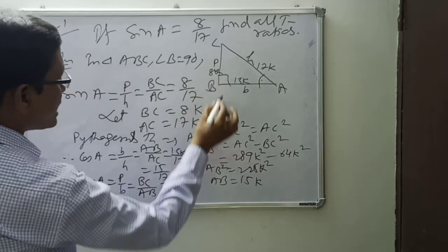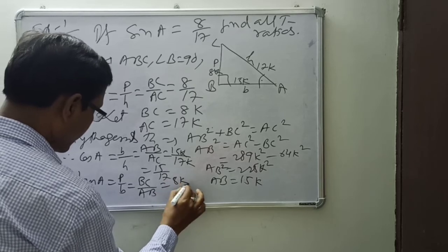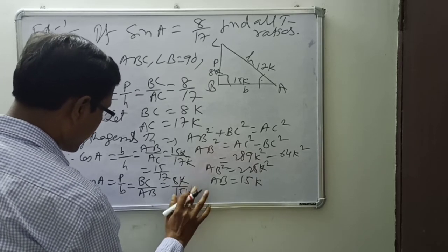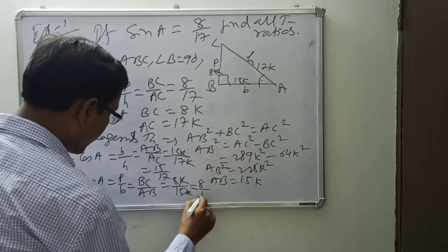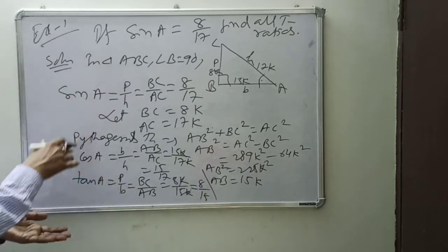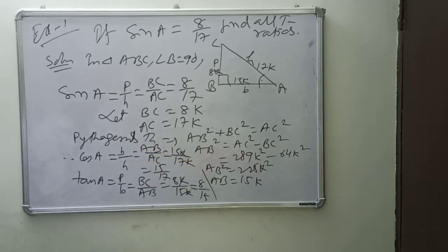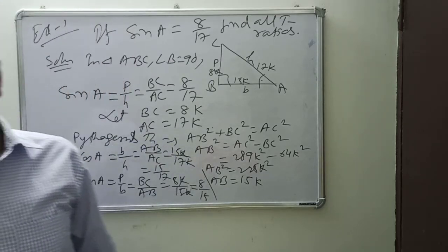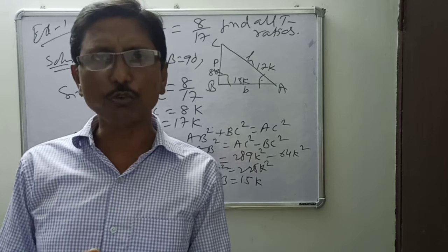Then you get 8K by 15K, K will be cancelled, so it will be 8 by 15. In this way its reciprocals also: sec will be 17 by 15, cot will be 15 by 8, and cosec will be its opposite, 17 by 8.